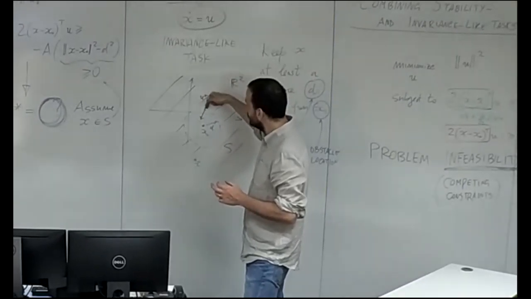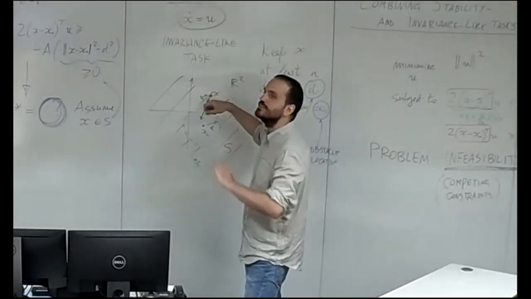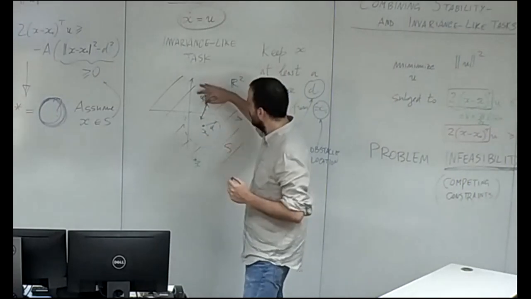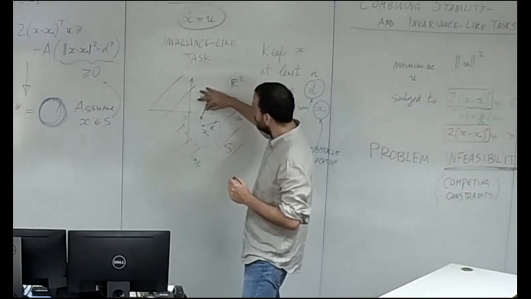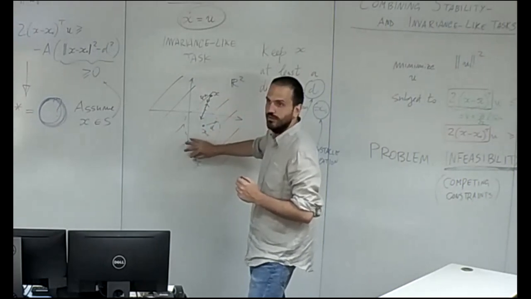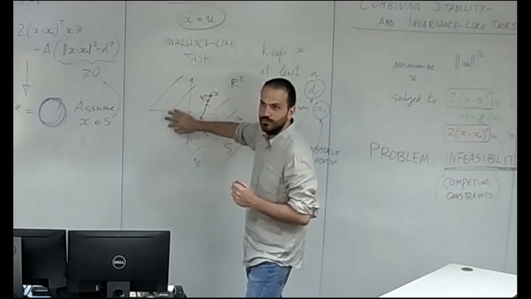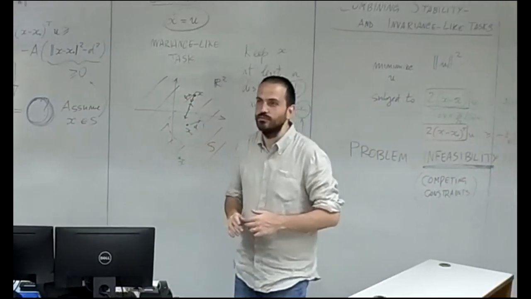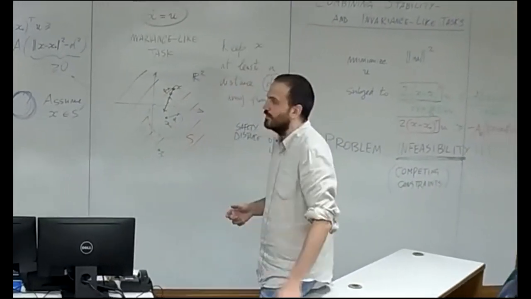So you're converging to this one. If there is any small component in the orthogonal direction, if it is on this way, then you're going to go around the obstacle. If it is on the other way, then you're going to go around the other side. I can show you some simulations, but you're right.